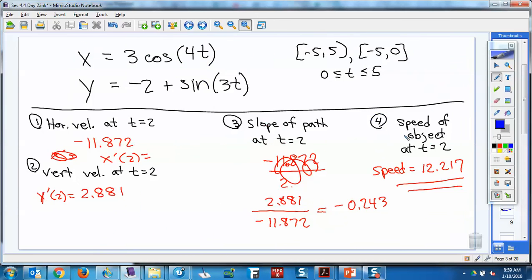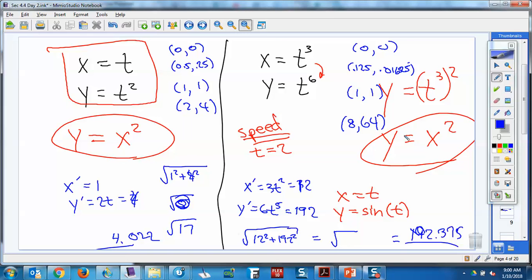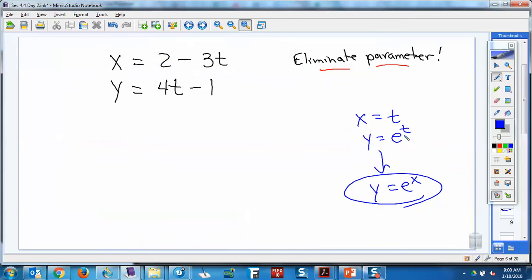Now, one that's pretty easy is one like this, where x equals t cubed. Well, that would be t cubed squared. We can just make a simple substitution. Sometimes we have to go a little farther than that and actually solve. These are both linear. If you want to jot this down, because you're going to have some of these: these are actual line segments.